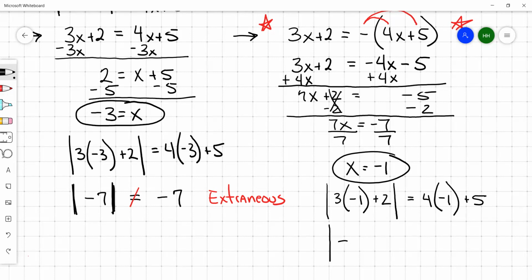Negative 3 plus 2 is negative 1. 4 times negative 1 is negative 4, and negative 4 plus 5 is positive 1. Is the absolute value of negative 1 equal to 1? Yes, so there's a good solution. This x equals negative 1 is a good solution. So there's your answer. The x equals negative 3 is an extraneous solution. It's not a good answer.